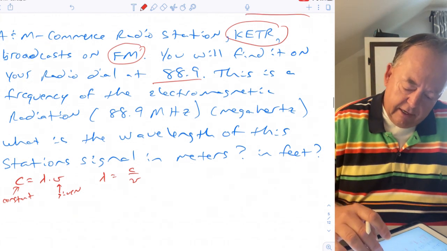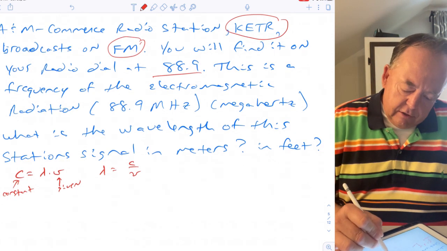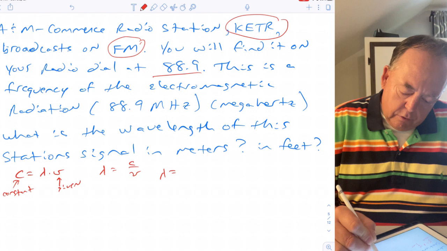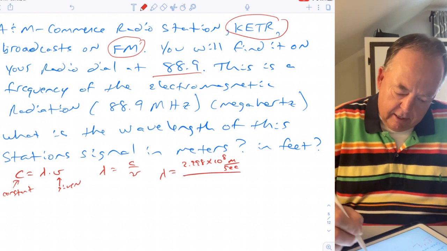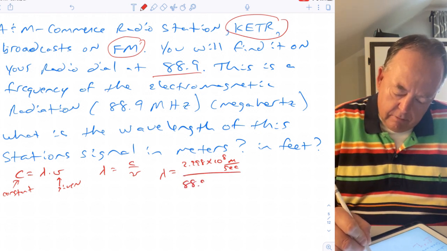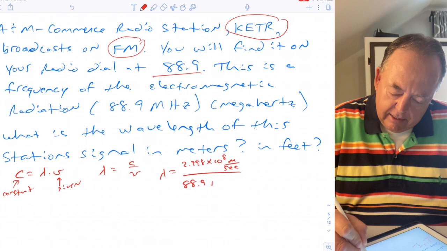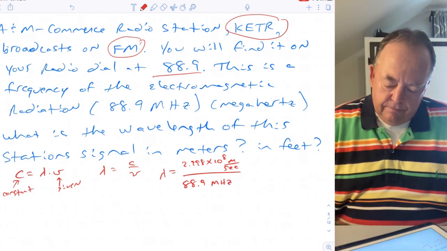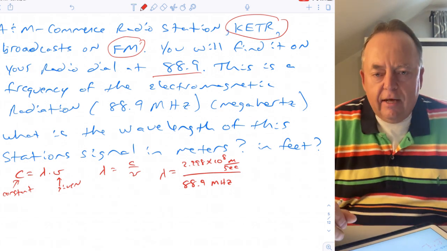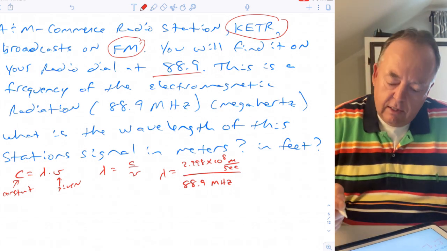So if we set that calculation up, wavelength is equal to 2.998 times 10 to the 8 meters per second, and 88.9 on the bottom, and the units are 88.9 megahertz. So we can't just divide those out and that's our answer, right? We've got to do a little bit more work than that.